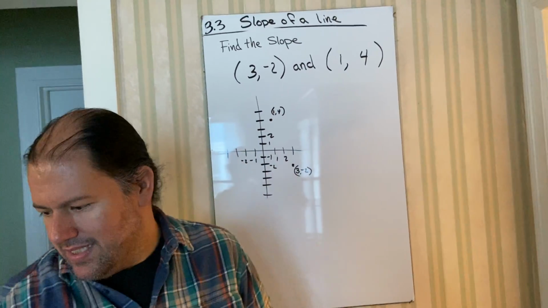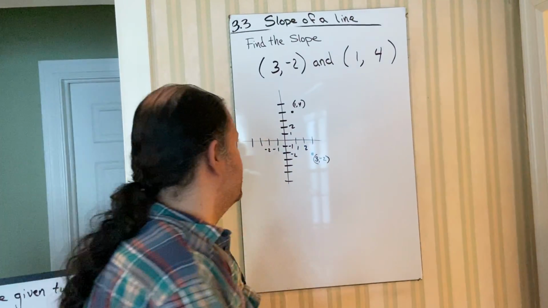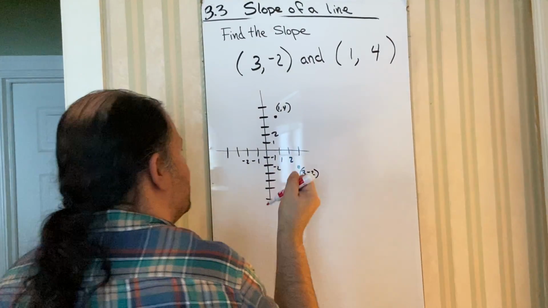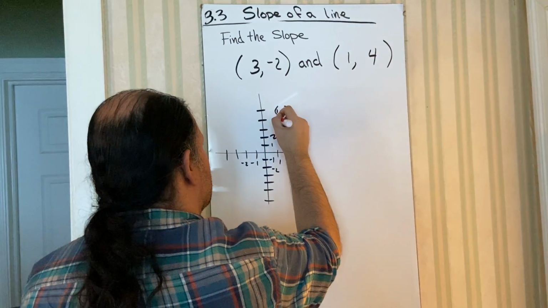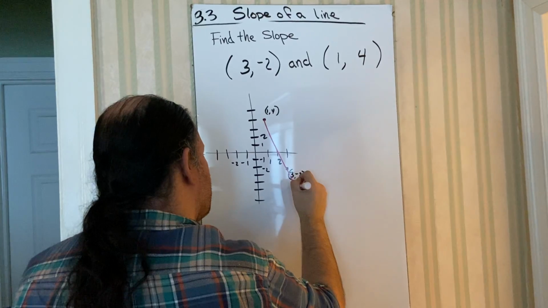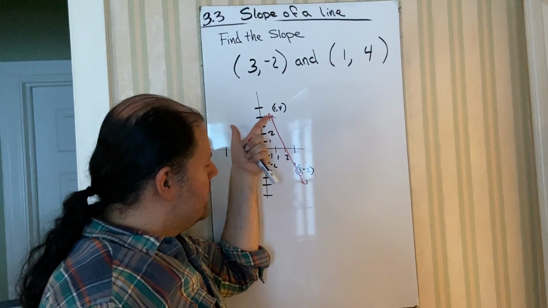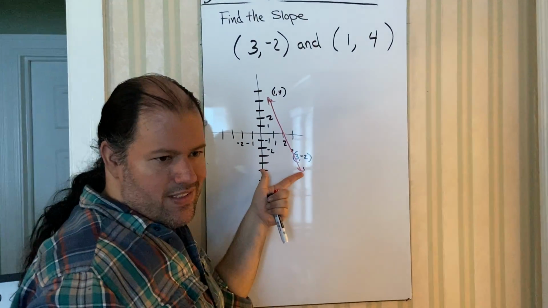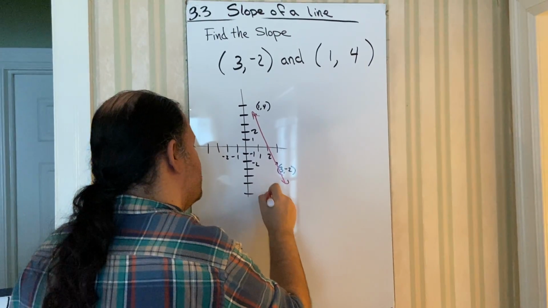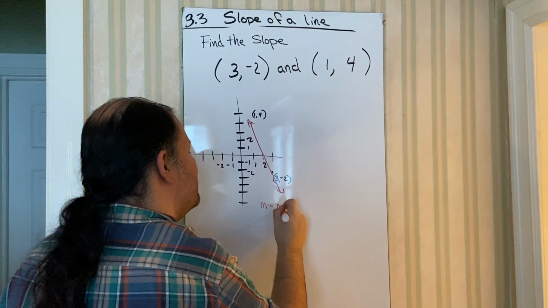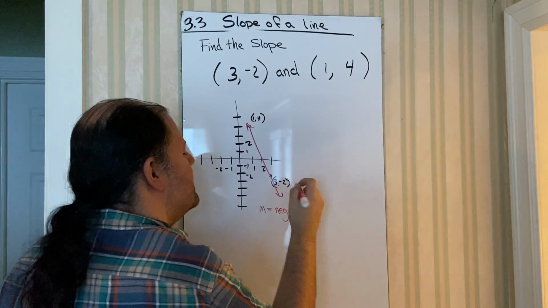And I'll use my handy dandy red marker so that way it kind of stands out a little better. So by looking at this line, you can see this line is going downhill. So we know that our slope is going to be negative some number.